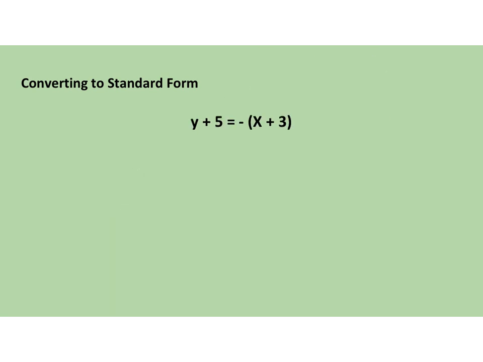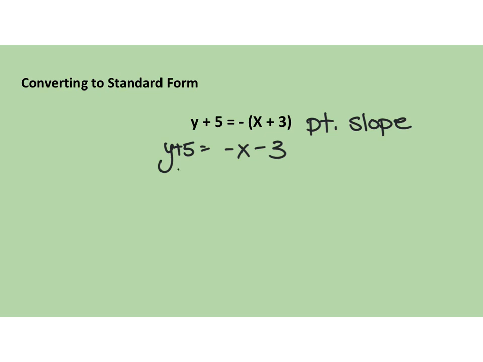Let's try another one. All right, now this one is in point slope. So let's take it to standard form. The first thing I'm going to do is get rid of those parentheses. So I have y plus 5 equals -x minus 3. I have 5 and -3 on each side, and then I have an x and a y on each side. So that means I need to do a little bit of manipulating.